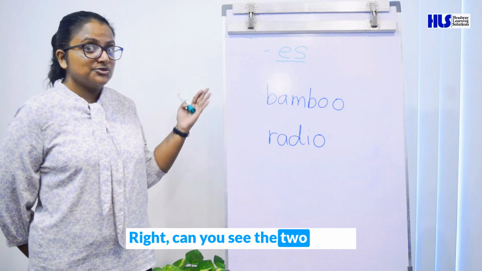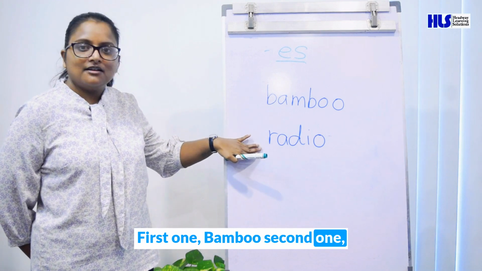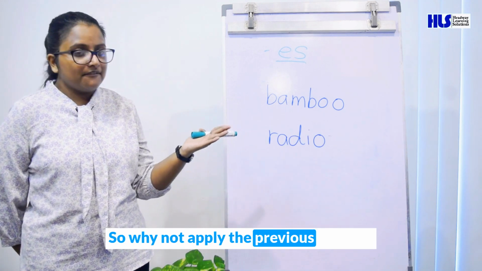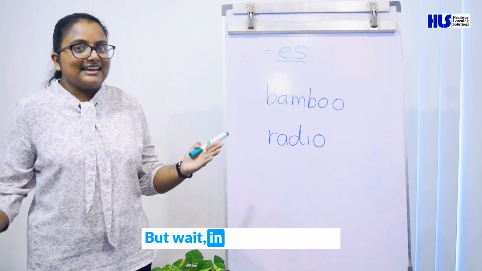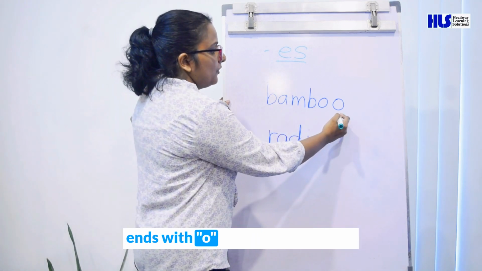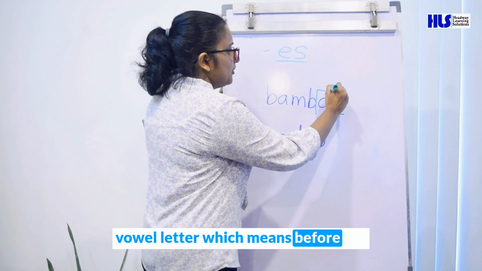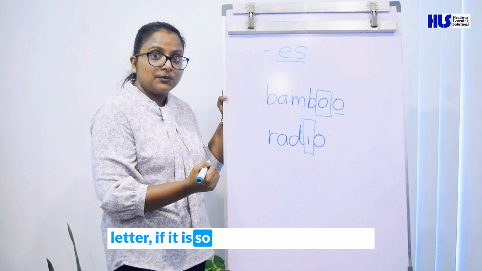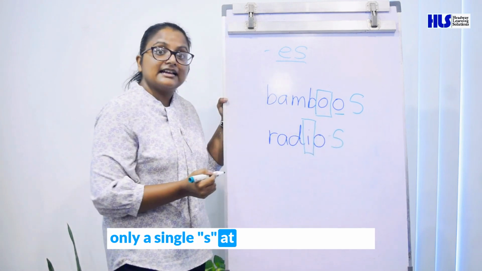Right. Can you see the two words I have written on the board? First one, bamboo. Second one, radio. So both words end in O. So why not apply the previous rule and add es at the end of these two words? But wait, in English, we have this other standard rule. If the word ends with O but is preceded by a vowel letter, which means before the ending O, there's a vowel before that letter, you have to always add only a single s at the end of the word.